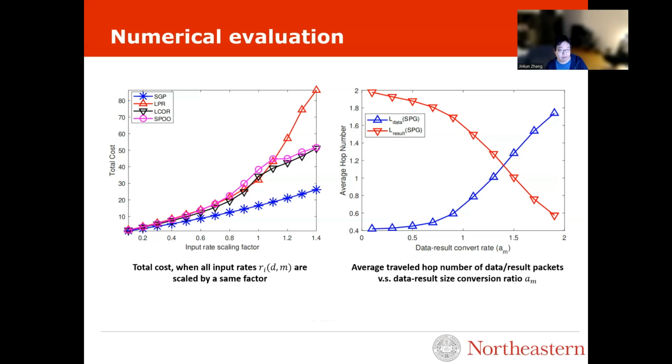However, as a_m gets larger, the network has to consider the cost of transmitting the results, so it gradually moves the computation sites nearer to the destinations. In other words, SGP optimizes the trade-off between the computation cost and transmission cost.